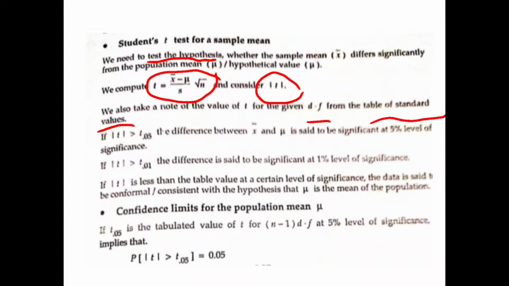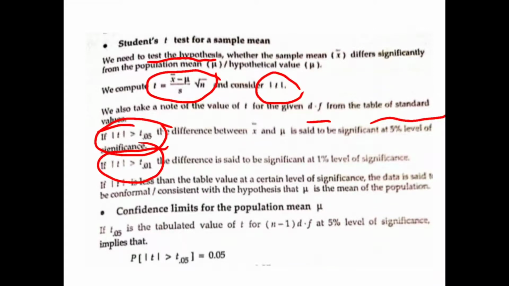For the given degrees of freedom, the critical value, that is the absolute value of t, will be given in the table, and accordingly we need to compare. Okay, so we will have from the table for the 5% level of significance, which is given by t at probability 0.05, and also the 1% level of significance values will be listed in the standard table of values, given by t at probability 0.01.